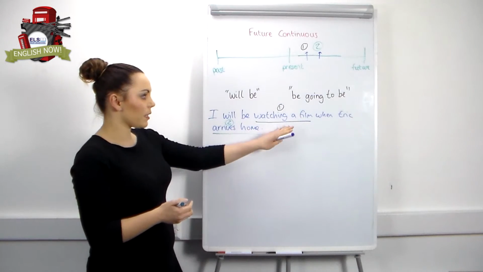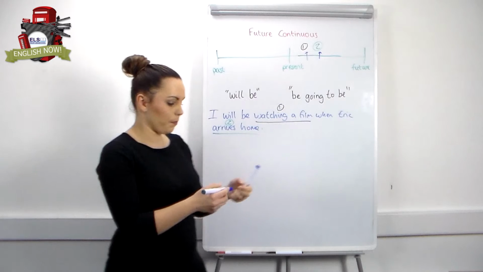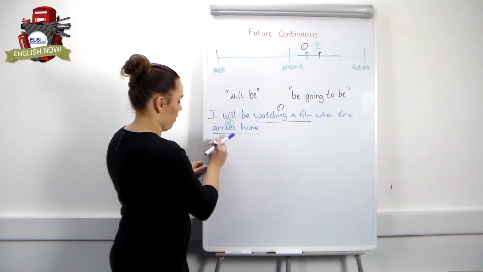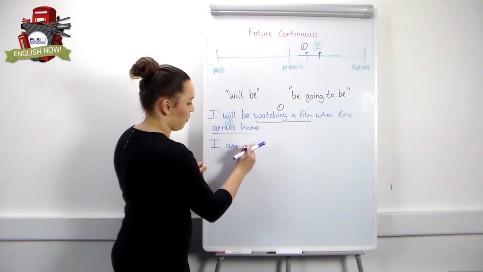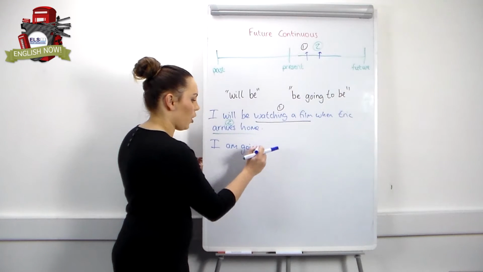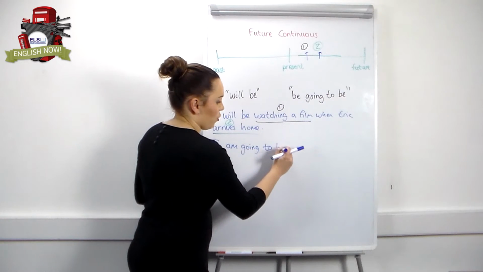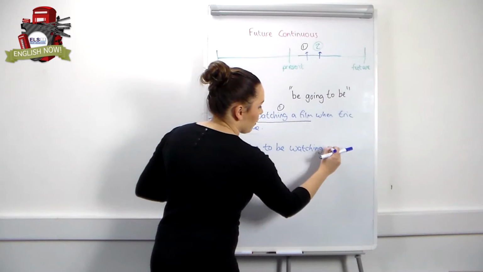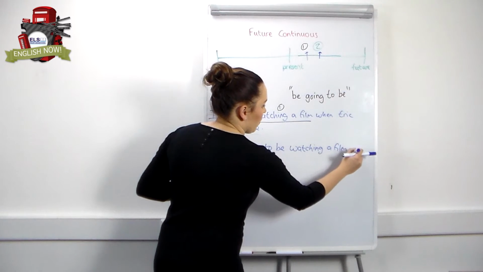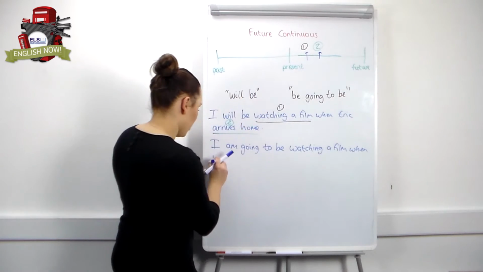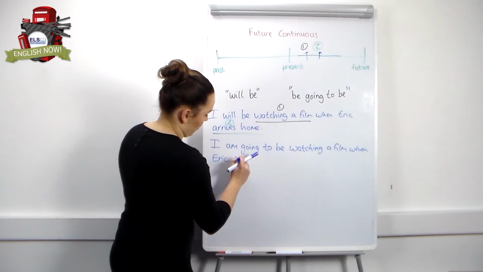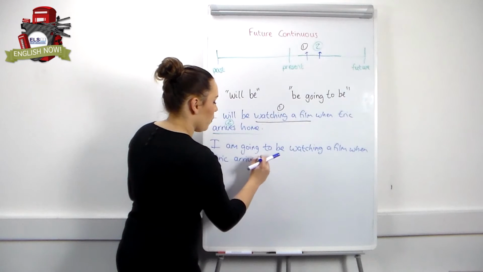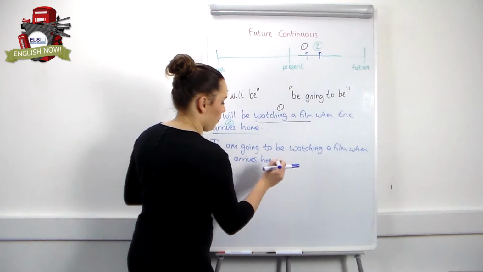Let's have a look at this sentence in this form. I am going to be, our verb is watching, a film when Eric arrives home.